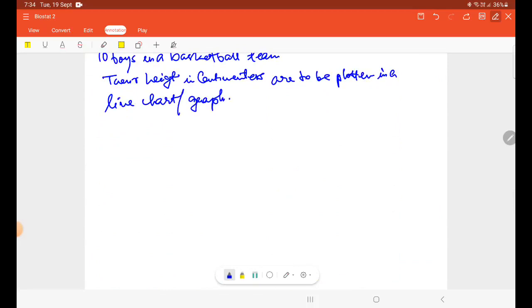So height can never be 0. That is why it will not touch the 0. So as per the y-axis, let us plot the height.